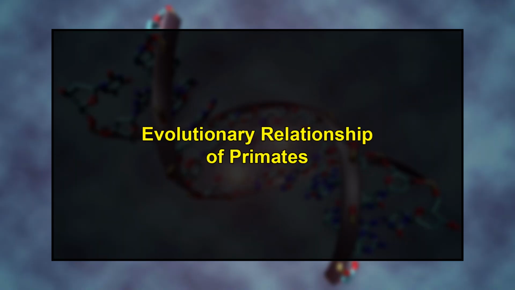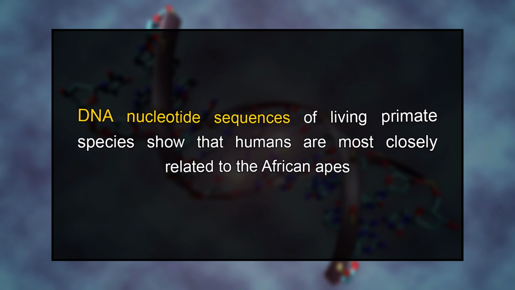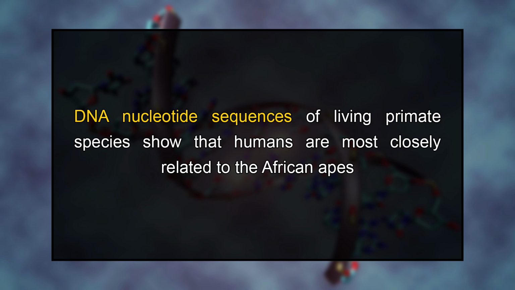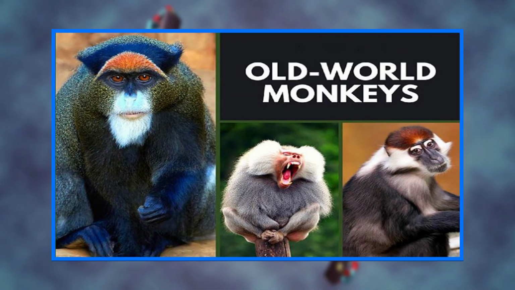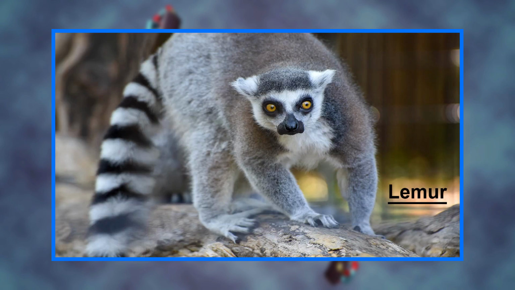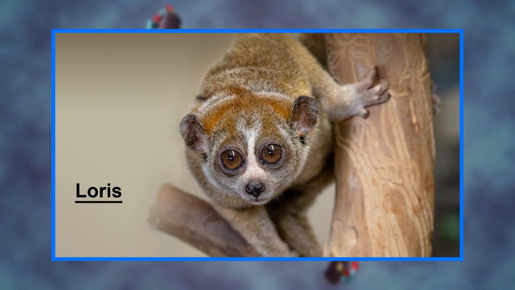Dear students, let's discuss the evolutionary relationship of primates. A comparison of DNA nucleotide sequence of living primate species shows that humans are most closely related to the African apes. Next, in descending order of genetic closeness to humans comes the Asian apes, Old World monkeys, New World monkeys, tarsiers, and finally the lemurs and lorises.